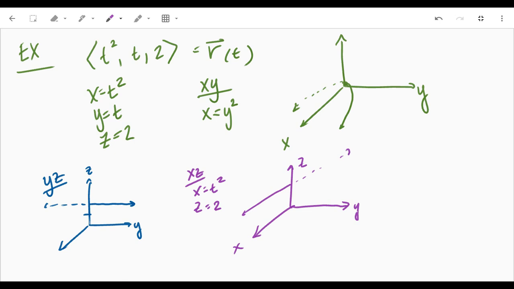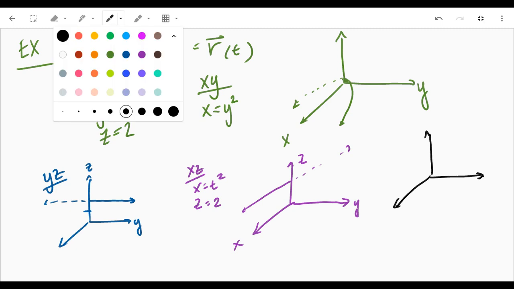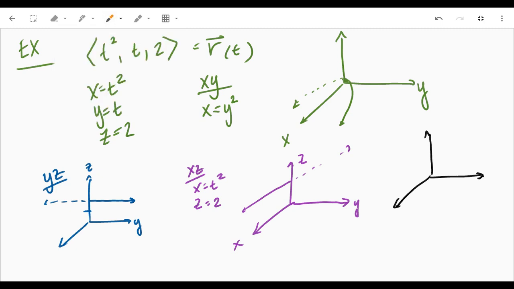So again, if you're thinking about shining a flashlight or whatever, just ignoring the other dimension. If you put this all together, what you're going to get here is that this graph is a parabola that goes through the point 0, 0, 2 and is basically floating above your xy plane.